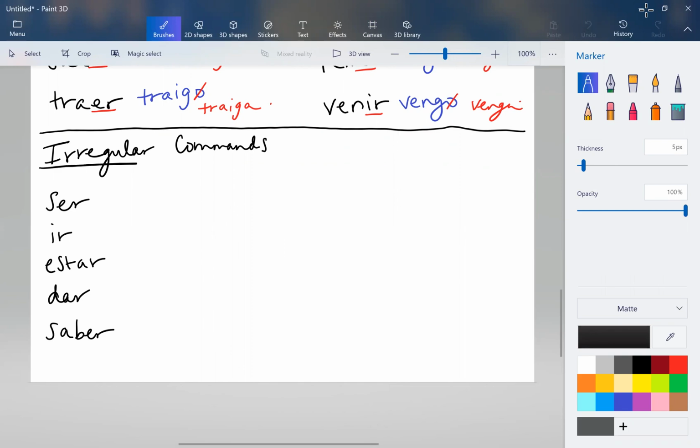And what are the yo forms of these verbs? Even if you just know one. Isn't estar estoy? Does that have an O on the end? No, so we can't follow that rule. What about some of the other ones?